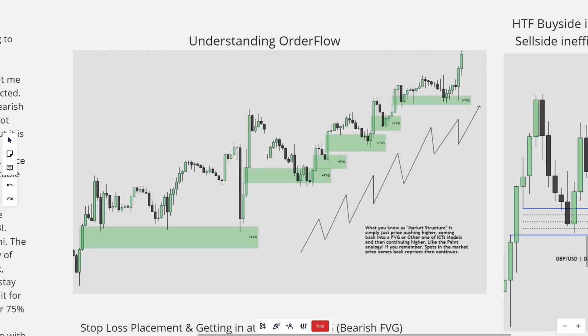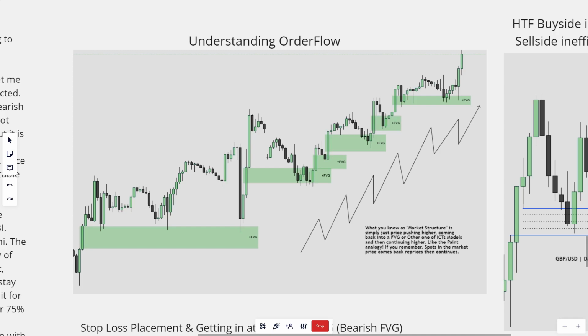What you know as market structure is simply price pushing higher, coming back into a fair value gap or one of ICT's other models, and then continuing higher, like the paint analogy. If you remember, spots in the marketplace, price comes back, reprices, then continues. Price breaks higher, this is your coating of paint, comes back into those spots of paint, breaks higher, leaves another spot, comes back and fills in that spot.